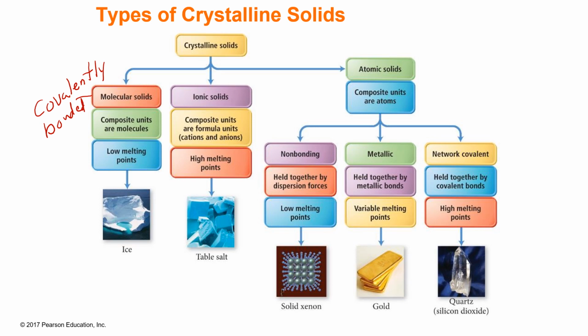Or we can have network covalent solids, held together by covalent bonds. These tend to have higher melting points, things like silicon dioxide. That is quartz, which is a type of stone.